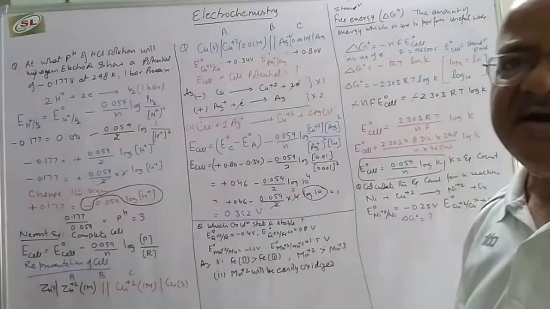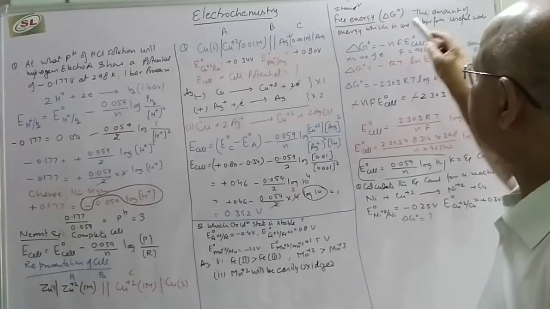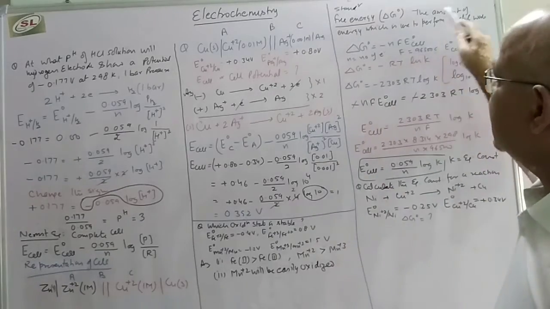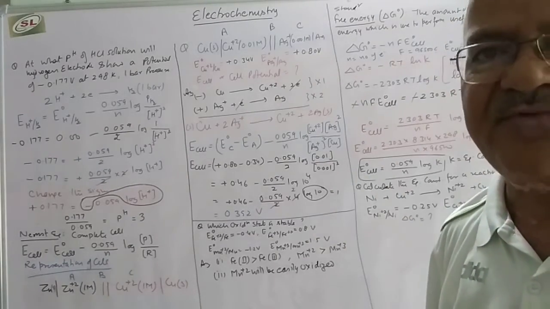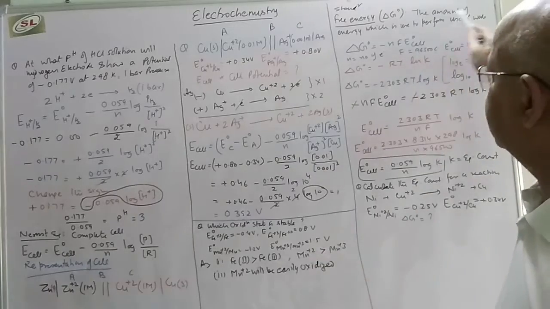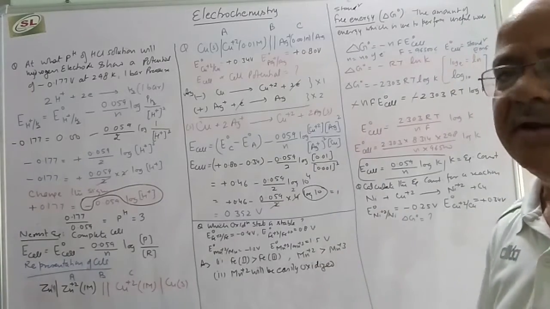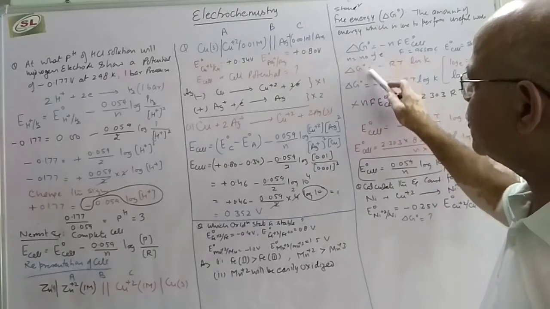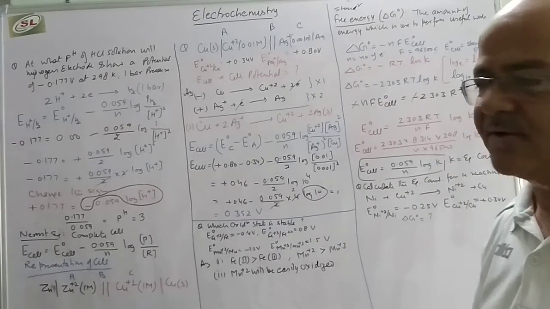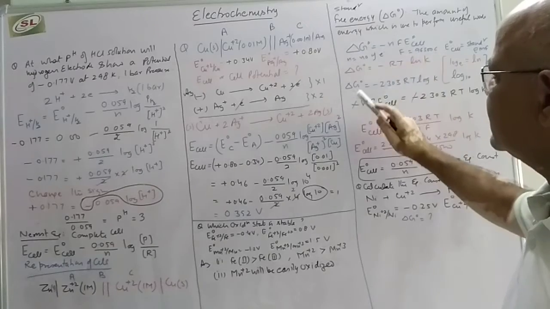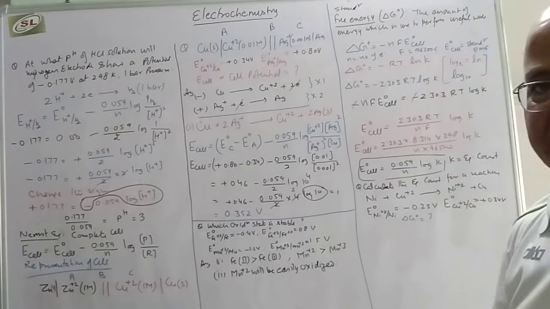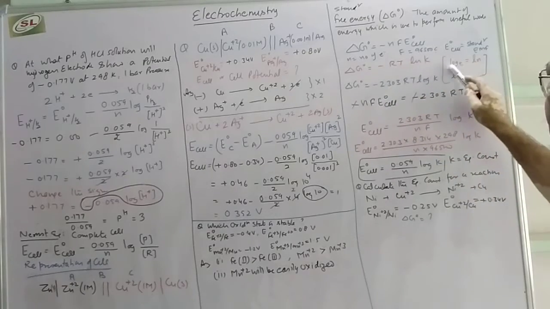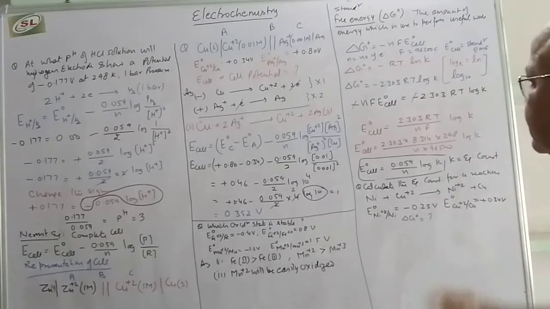What is standard Gibbs free energy change? First of all, we must know what is free energy. It is the amount of energy which is used to perform useful work, not the part that goes to waste. There are two equations of delta G naught: minus nF E naught cell and minus RT ln K. This ln is actually log to the base e.